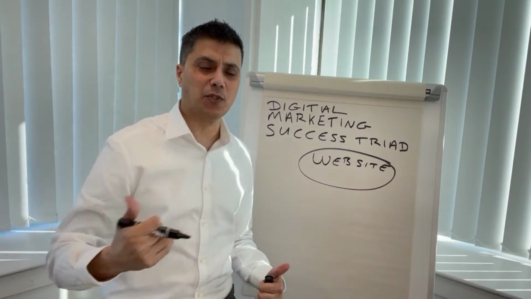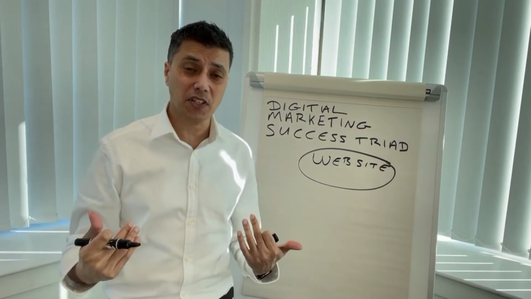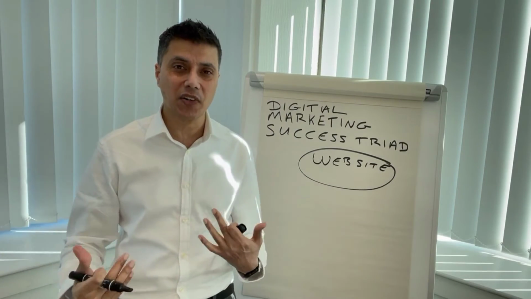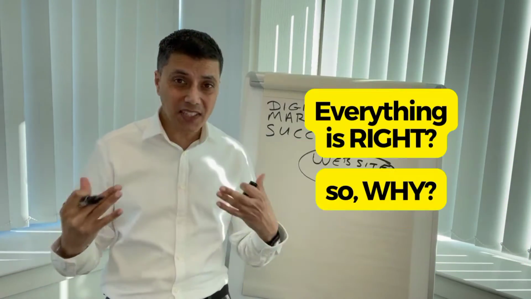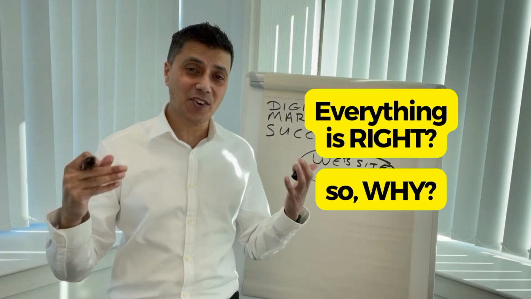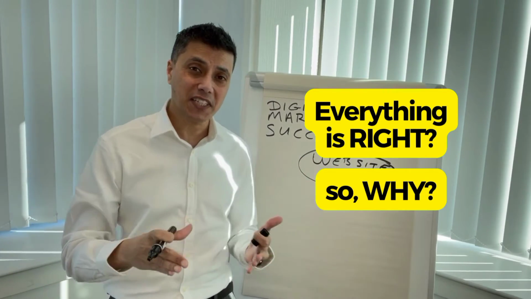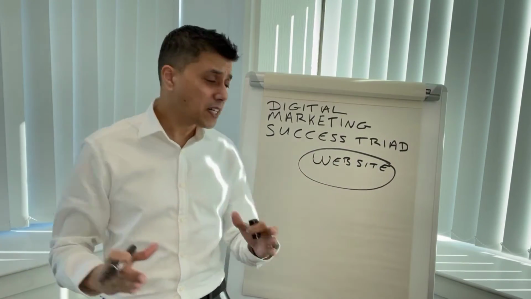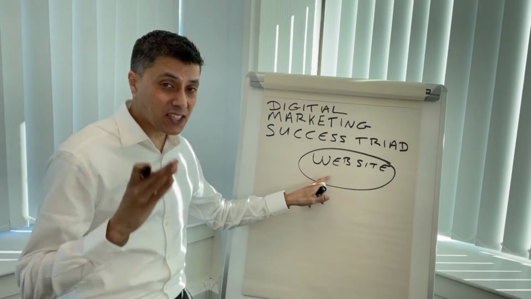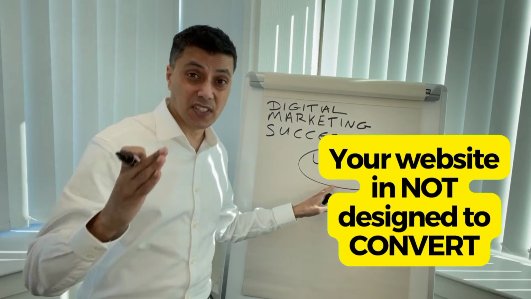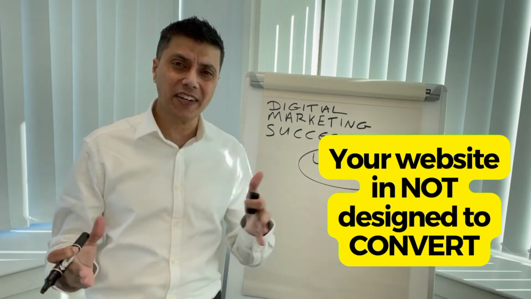Yeah, our keywords are correct, our search terms are correct, our ads are correct, our bidding strategies are correct. Everything's right. So why is our campaign not converting? A lot of the time it's because your website is not designed for success. It's not designed to convert.